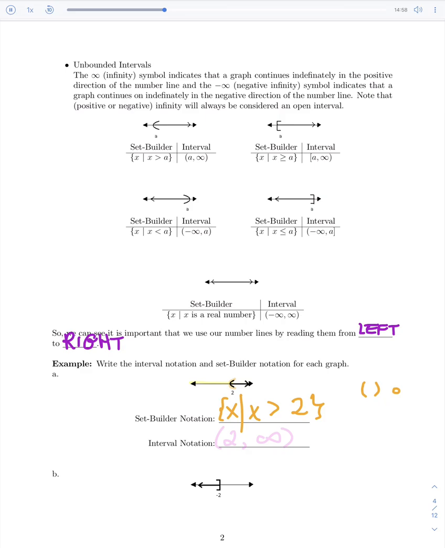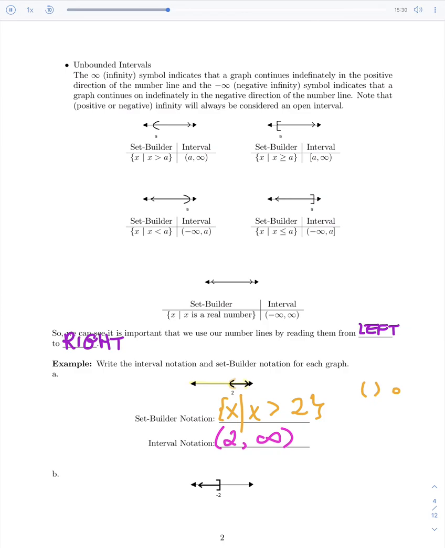When we hit the 2, we're starting our graph with a parentheses, and then continuing until we hit the arrow, which means you keep on going forever, which means we've got an infinity. Remember, with infinities, that's our special rule. We always use parentheses with infinities, and that is how we're going to close that one off for our interval notation.